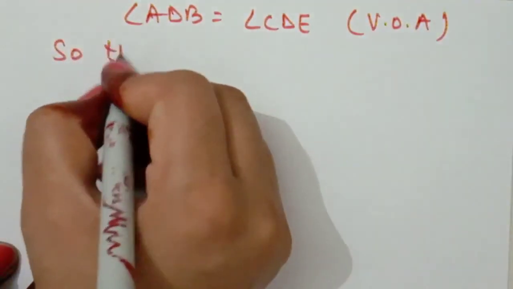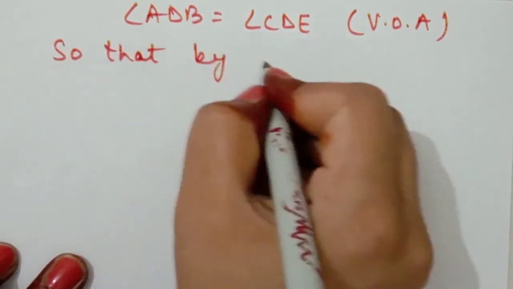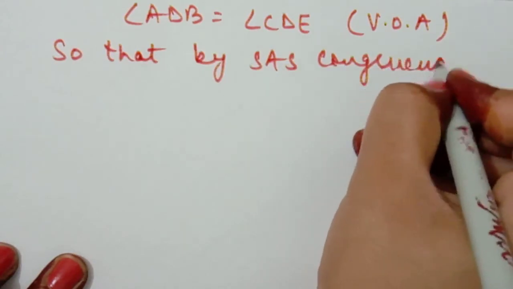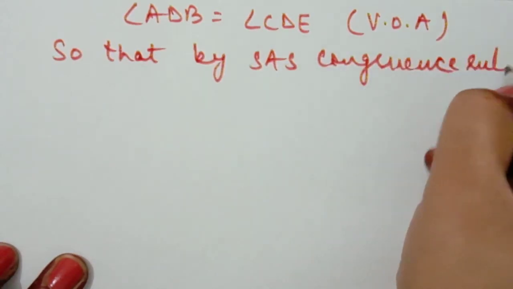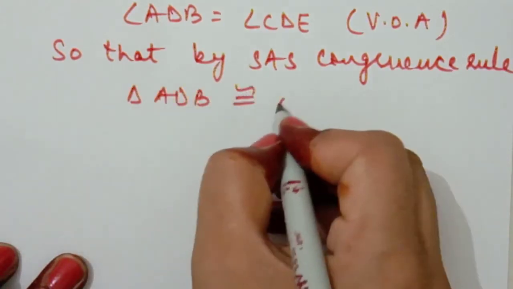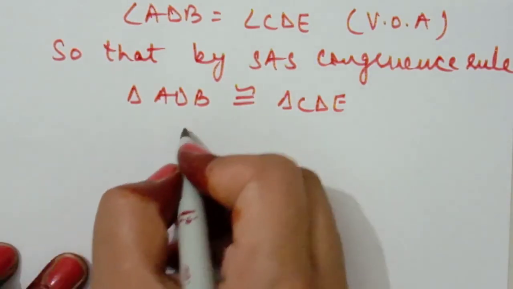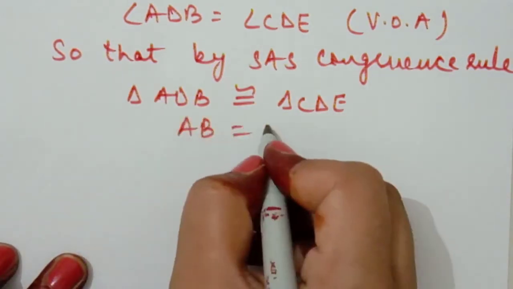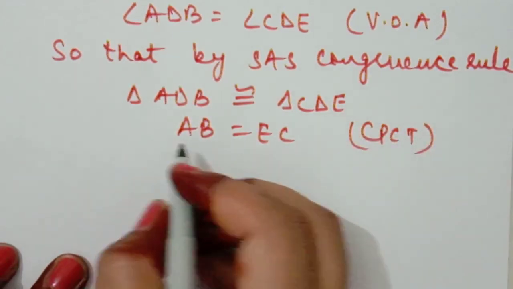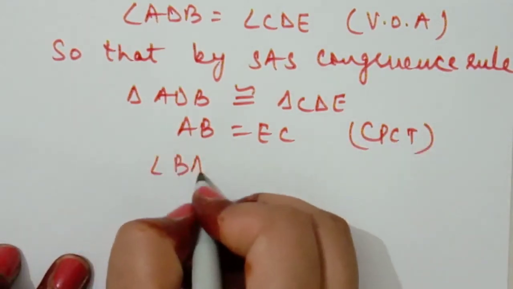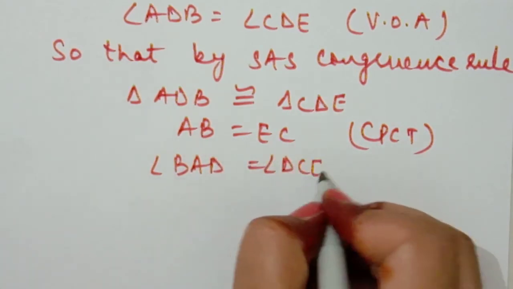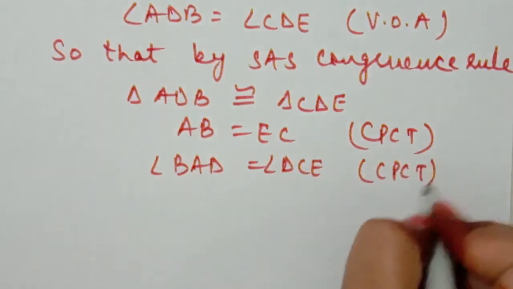So that by SAS congruence rule, we have triangle ADB is congruent to triangle CDE, and by CPCT, can I say that AB is equal to EC by CPCT? And I will take one more thing as a CPCT, one angle, that angle BAD is equal to angle DCE by CPCT.